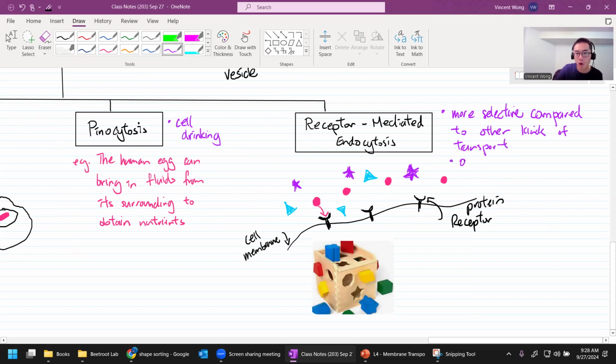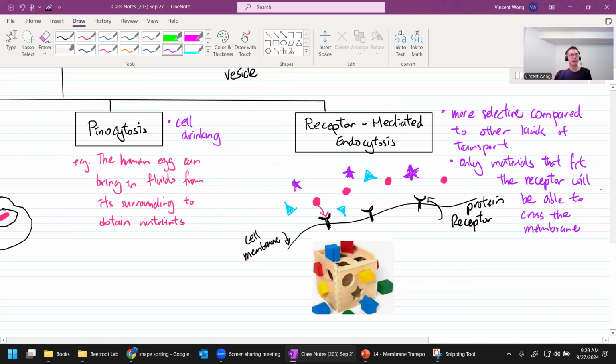Only materials, substances, molecules, whatever we're going to call them, only things that fit the receptor will be able to cross the membrane. All right, that's it. That's all the different kinds.